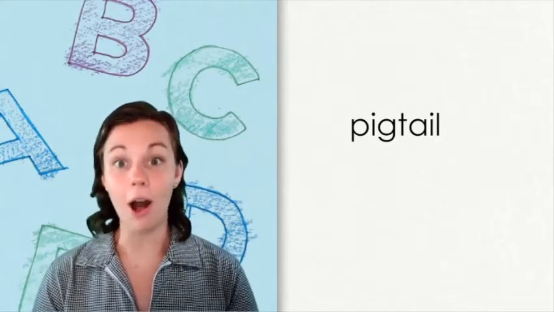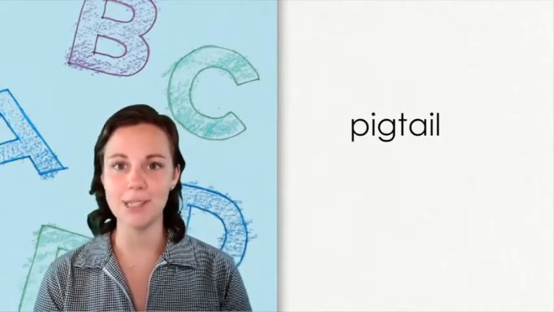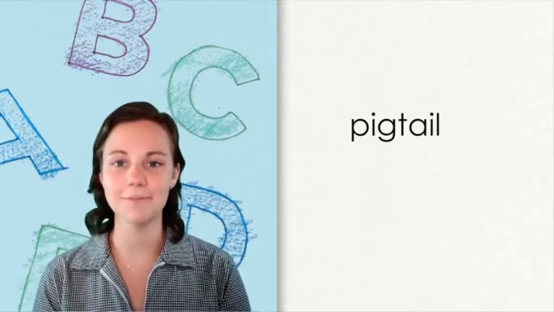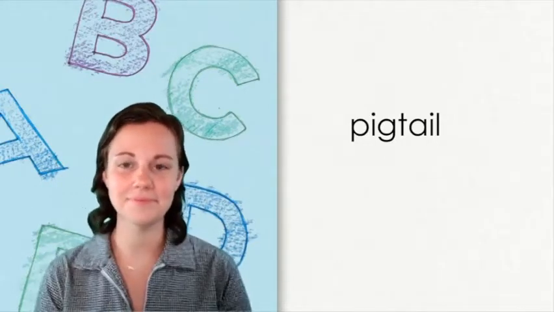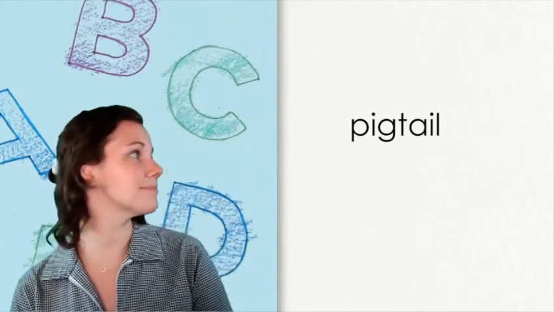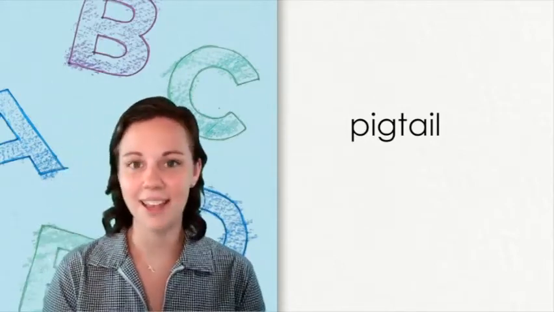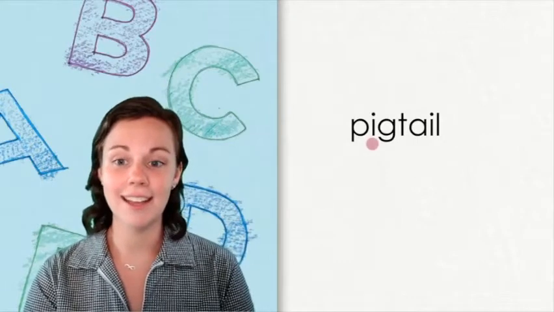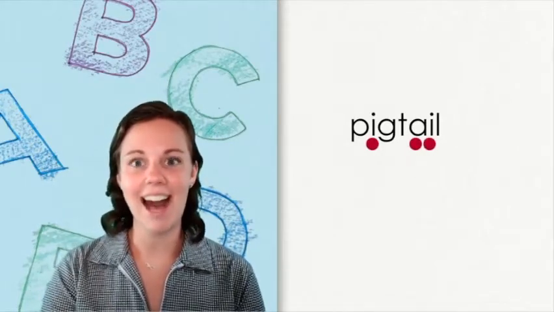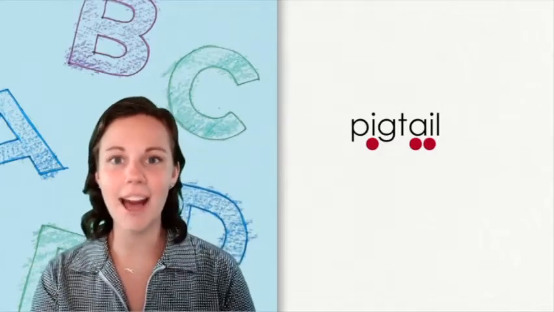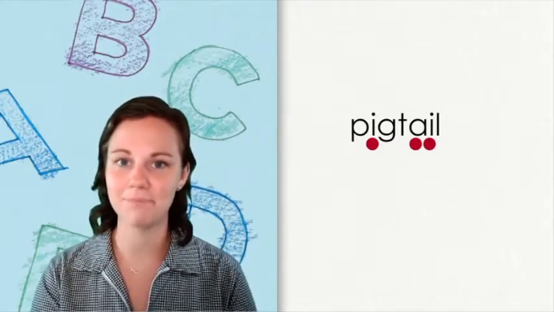Go ahead and name all of the vowels that you see in this word. Here they are. I, A, I. Great job. I know you named all three.